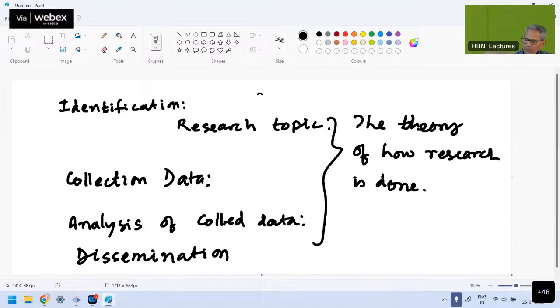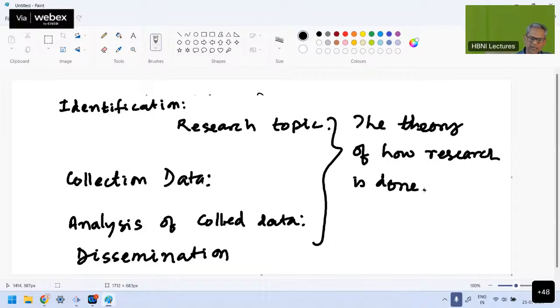And then, you should also know one term, which is called research method. So what is the difference between research method and research methodology? The technique and procedure used to obtain data, the technique used to obtain the information or data, is called the research method.